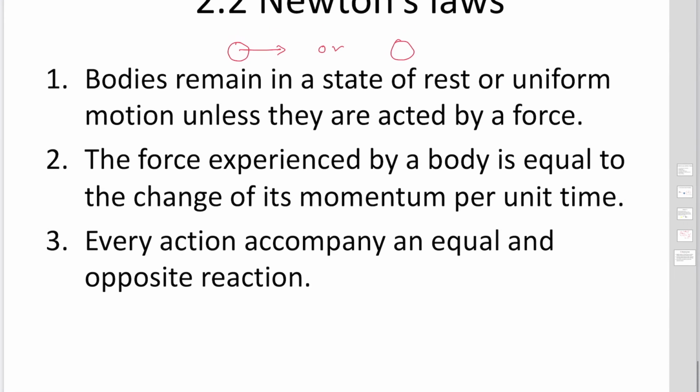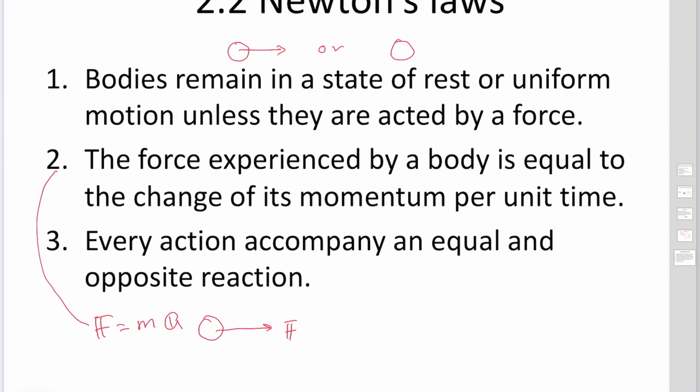Second law says the force experienced by a body is equal to the change of its momentum per unit time. So this says force is acting on this object. Then this means F equals m times acceleration. This is the second law.